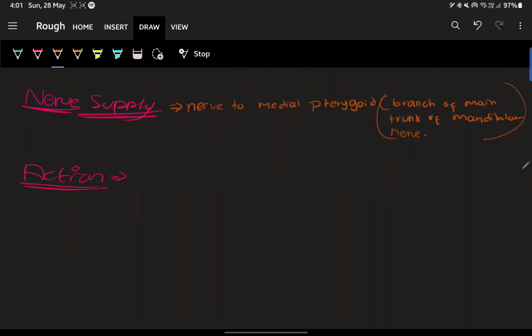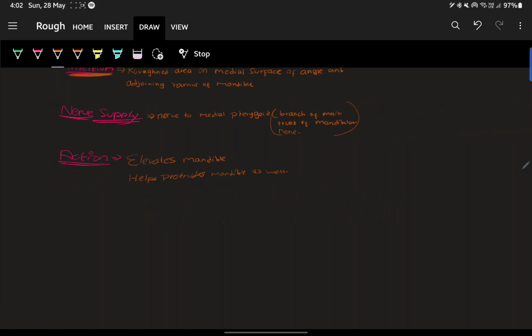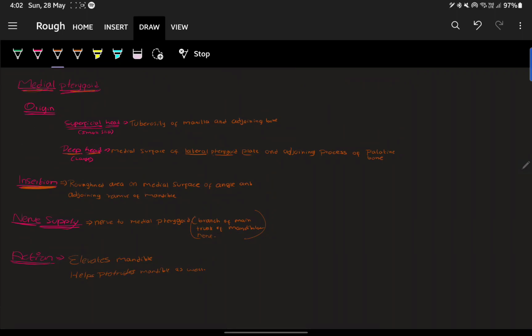Okay, and the action. So this one elevates mandible and helps protrude the mandible as well. So this is the origin, insertion, nerve supply and action of medial pterygoid.